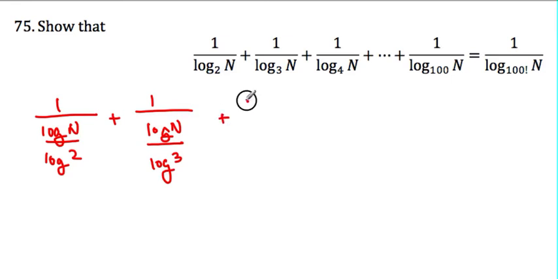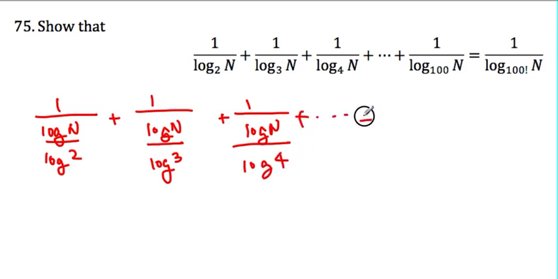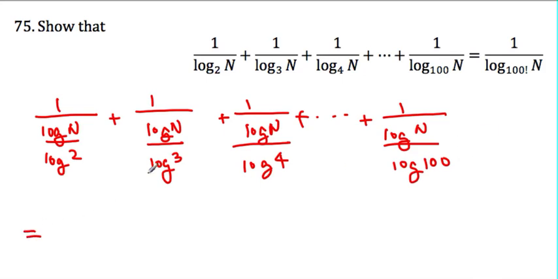The third denominator would be 1 over log of n divided by log of 4. This pattern will continue all the way up to 1 over log of n over log of 100. Now we realize that 1 divided by the fraction is simply equal to its reciprocal.